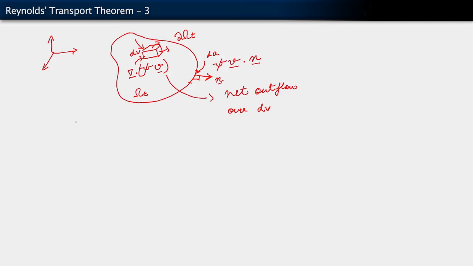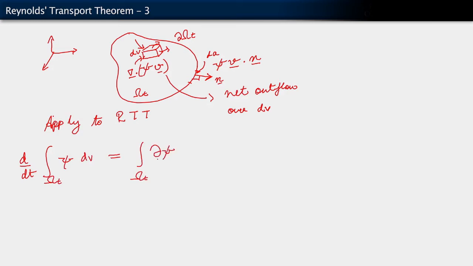When we apply the Gauss divergence theorem to the Reynolds transport theorem, what we're seeing is that d dt of the integral over omega t of psi dv, the first step here comes to us from the Reynolds transport theorem, which says just account for how psi is changing at every point in the domain plus this divergence term, right?